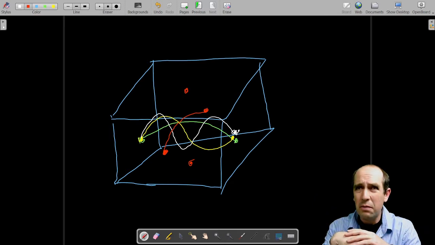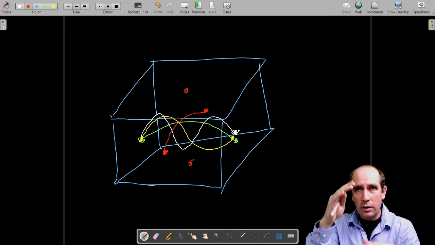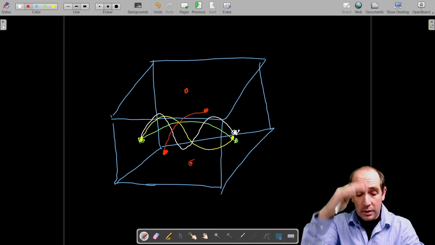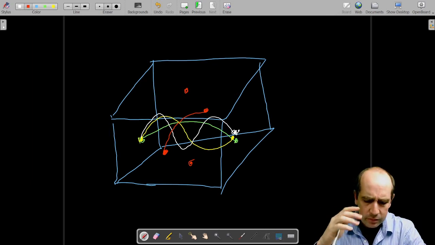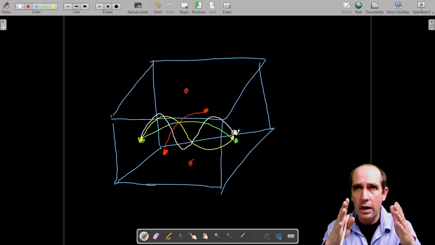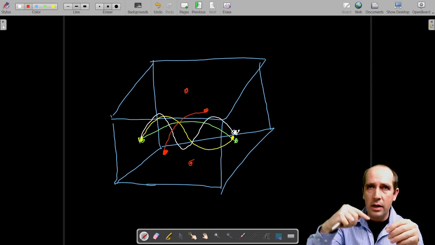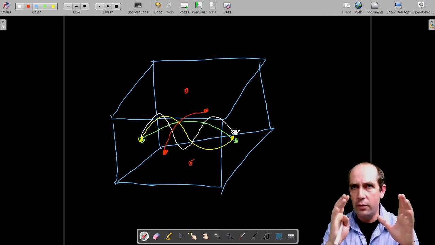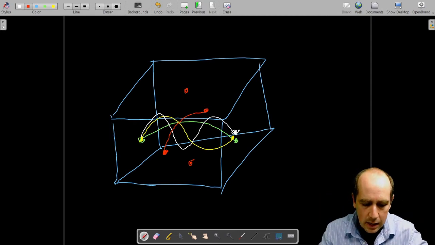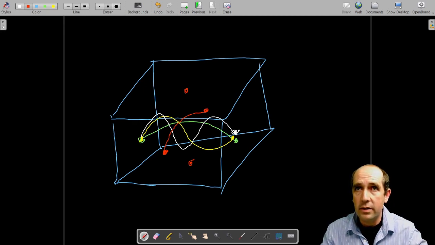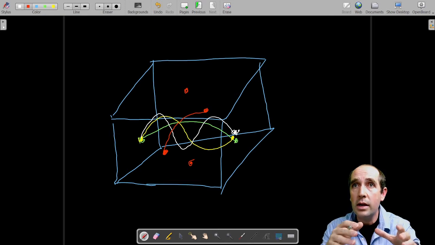If the box is not a cube but more like a parallelepiped, with different sizes in the 3 different directions, then the wavelengths allowed in each direction will be different, but this doesn't really matter. Again, it's just a discrete number of wavelengths that are allowed.